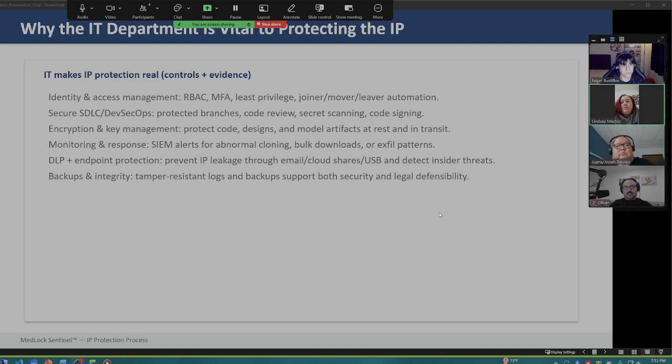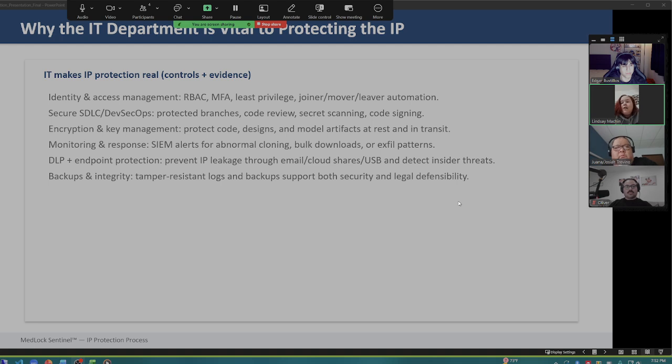For trade secrets specifically, IT provides the reasonable measures evidence: access control, encryption, monitoring, DLP, and auditability. These controls also reduce ransomware risk internally, protecting the same assets that make the product valuable.